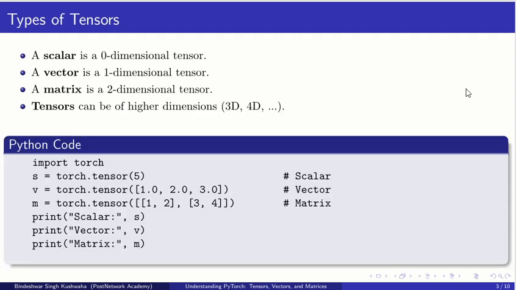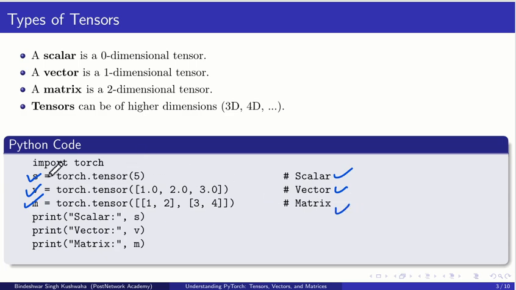Let us see an example in Python. I am going to run this one where we will create a scalar, thereafter a vector. So S is scalar, V is vector, and M is matrix, and we are going to create them in Python.